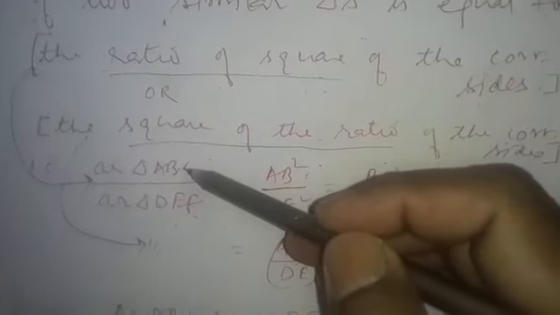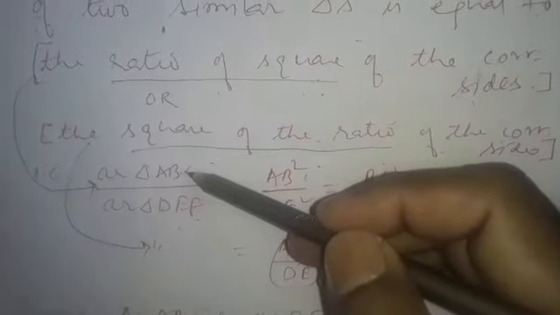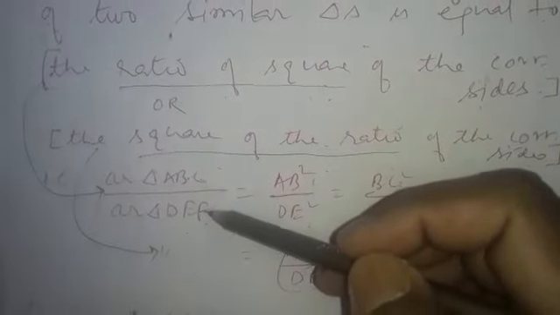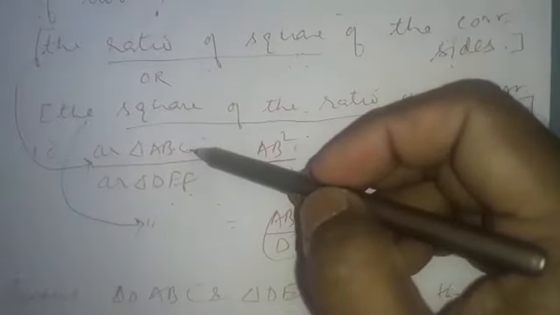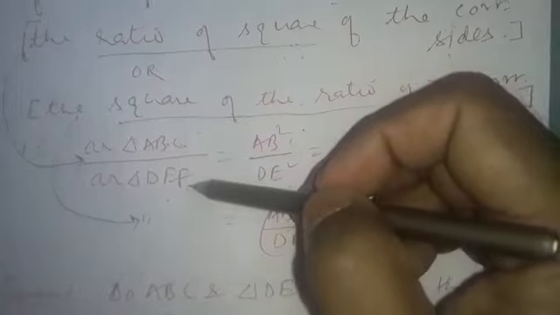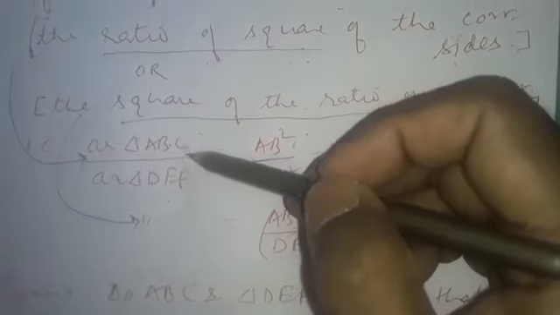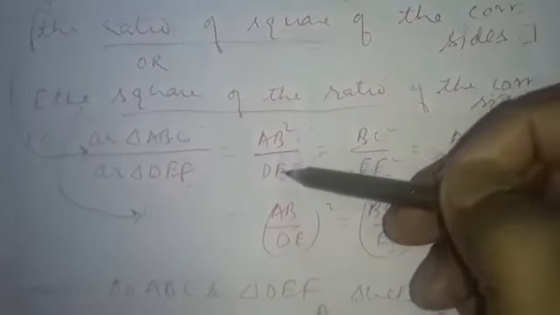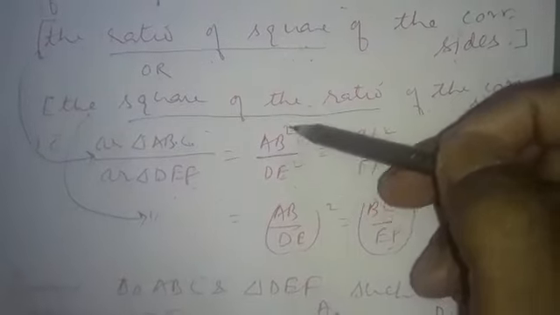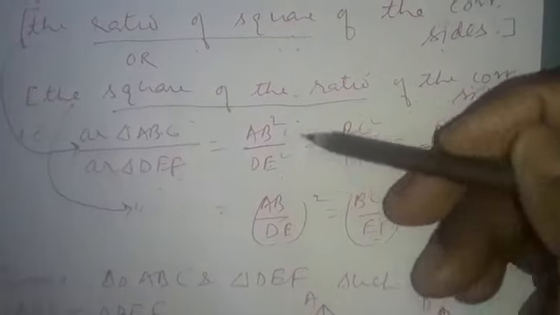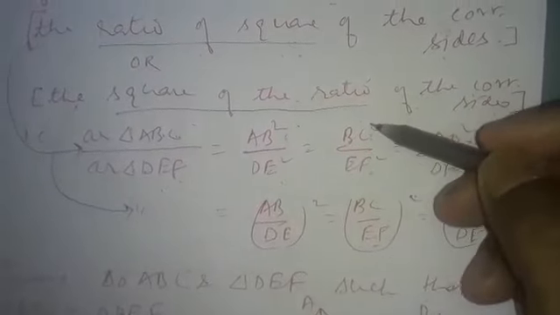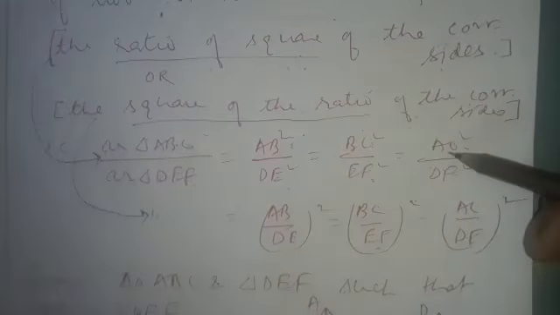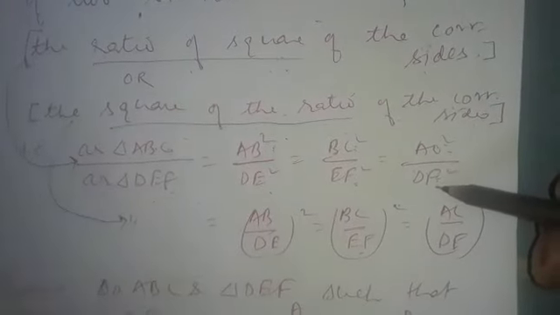Since we have taken here triangle ABC and triangle DEF, what will we prove? We will prove that the ratio of area of triangle ABC and area of triangle DEF is equal to AB square by DE square, is equal to BC square by EF square, is equal to AC square by DF square.